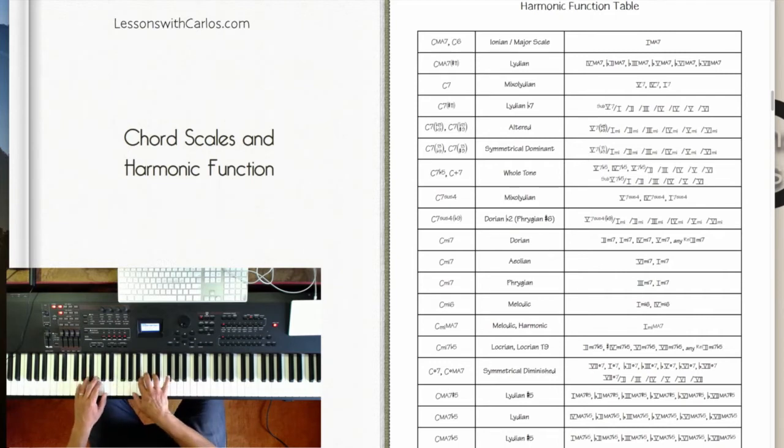So let's say I'm in the key of G. I'm in the key of G, and now I want to look at the Lydian mode, the second row. So if I'm in the key of G and I have a 4 chord, a C major 7, I can use Lydian mode. If I'm in the key of G have a flat 2 major, I can use Lydian Mode. From the key of G, and I have a flat 3 major, I can use a Lydian Mode.